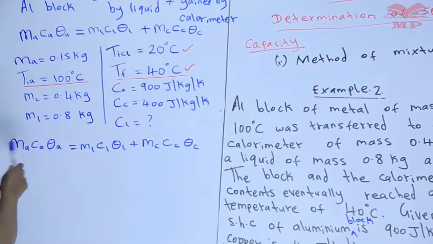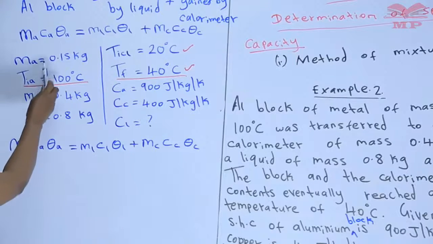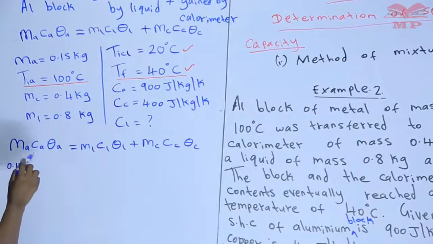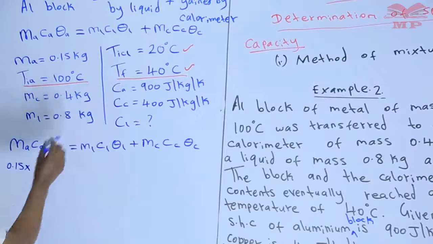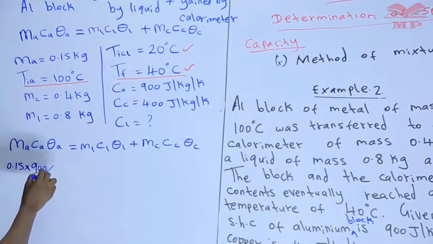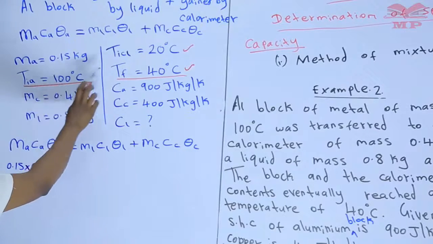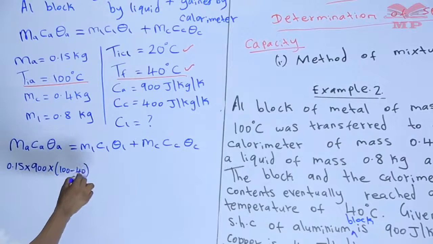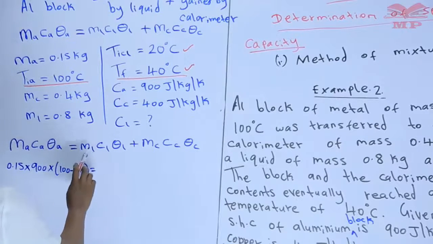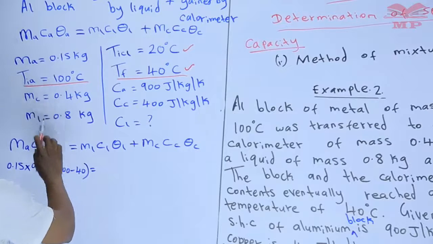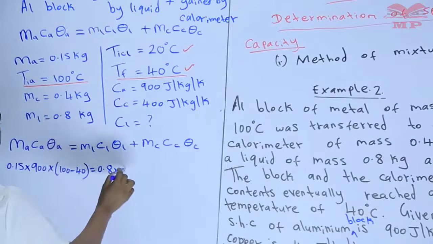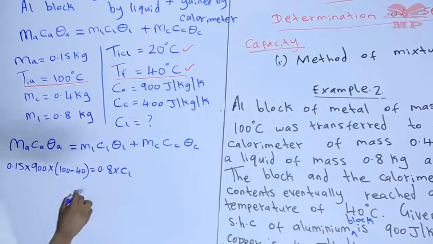So we just find what we have. Mass of the aluminium block is 0.15. Specific heat capacity of aluminium is 900. Change in temperature from 100 to 40, so it is 100 minus 40, is equal to mass of the liquid, which is 0.8. Specific heat capacity of the liquid is what we are looking for.